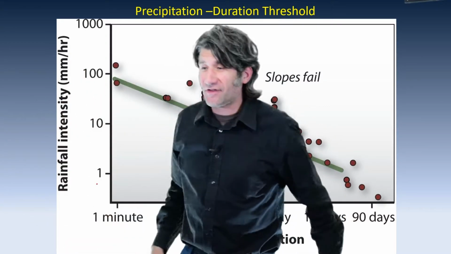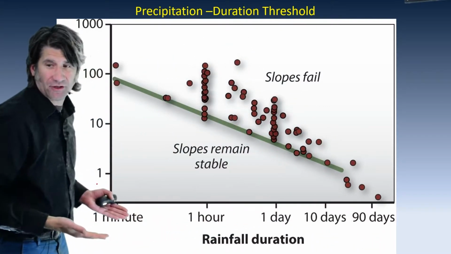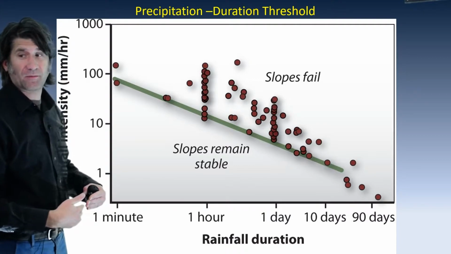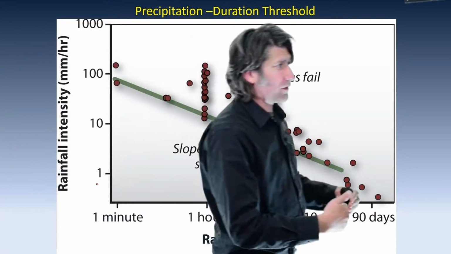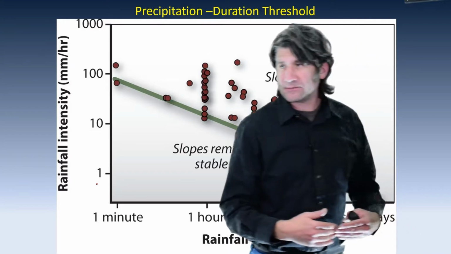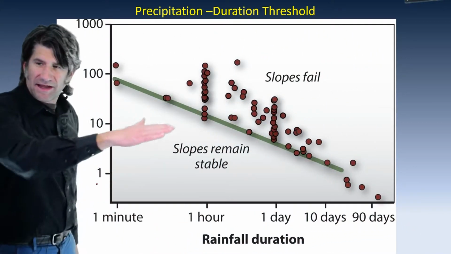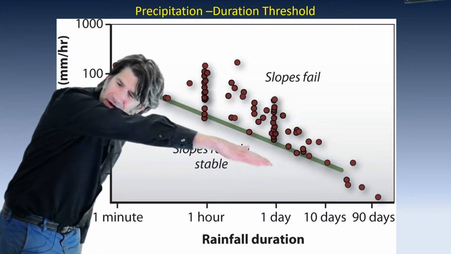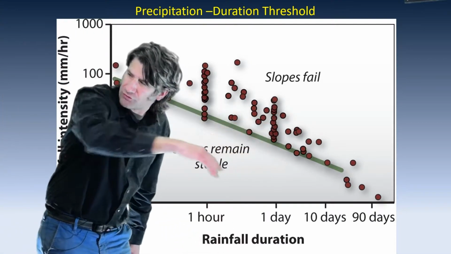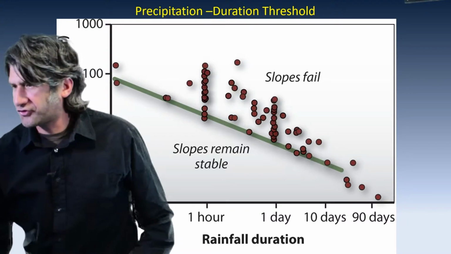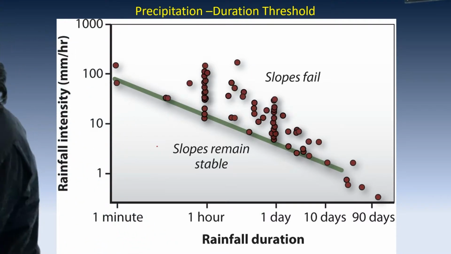And then our x-axis is going to be duration, how long it rains. Is it only raining for a couple of minutes, or is it raining for an extreme amount of time? And so we can actually define a threshold. Here's our threshold, it's this line right here. And below that threshold, down here, let's try this.